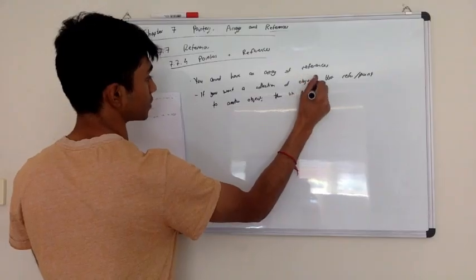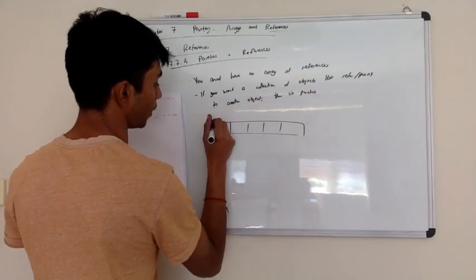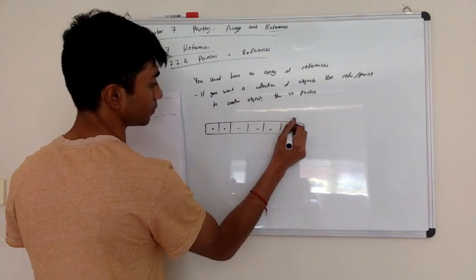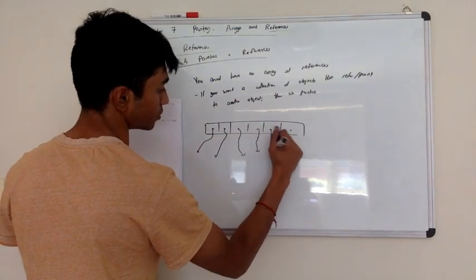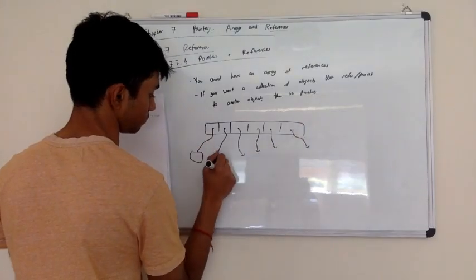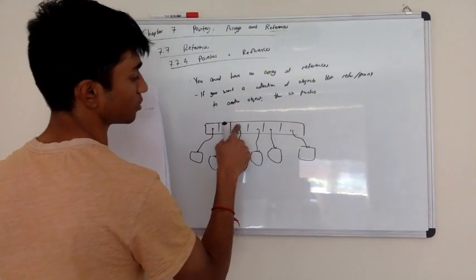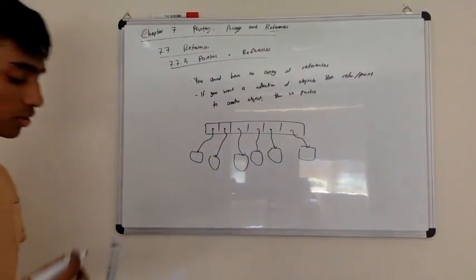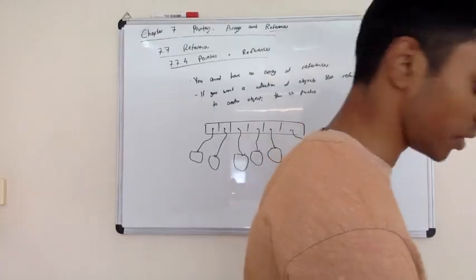If you want an array where each element stores the memory address of other objects, then each of these elements must be pointers, with values that are memory addresses, because references can't be stored in an array.